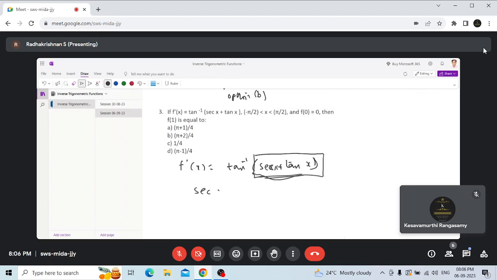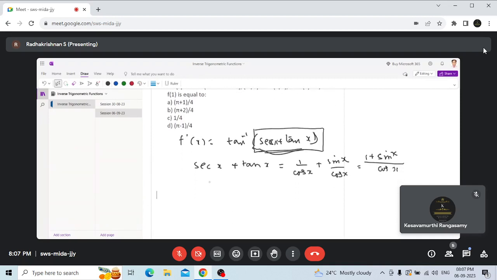So let us take this secant x plus tan x. We can write secant x plus tan x in the first step as 1 plus sin x whole divided by cos x. Now we have to get it all in terms of sine and cos. Let me explain.